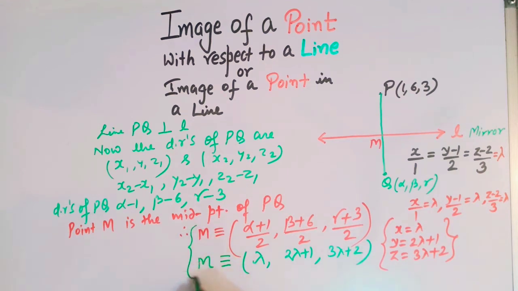If we compare these two coordinates, we see that alpha plus 1 by 2 is equal to lambda, then beta plus 6 by 2 is equal to 2 lambda plus 1, and gamma plus 3 by 2 is equal to 3 lambda plus 2, right?